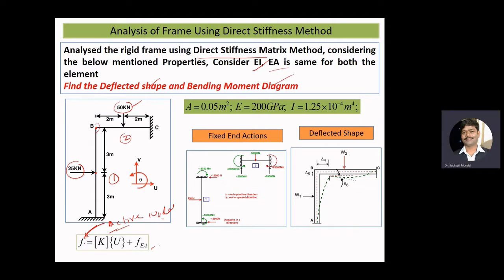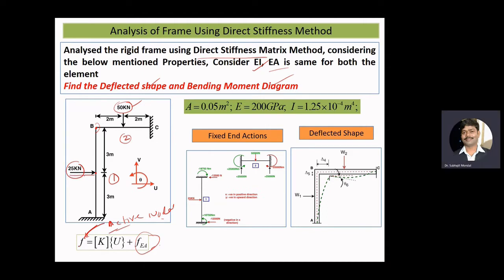This part will come on the left side, F. If we do not have any nodal forces, then our F vector will be 0. And the fixed end action term will come from our applied load, which is acting in the span.